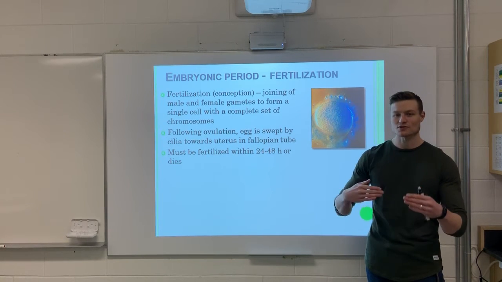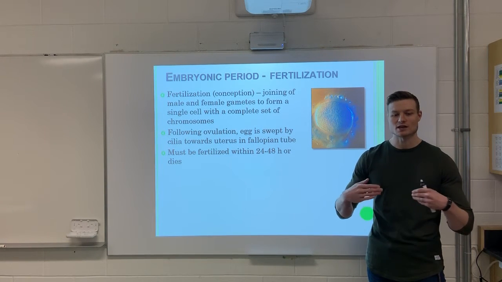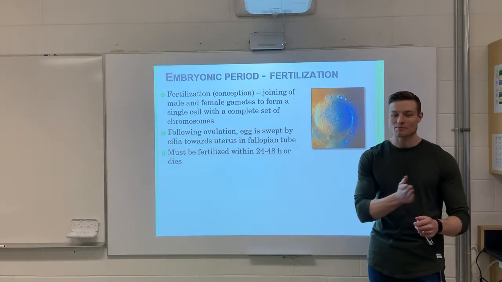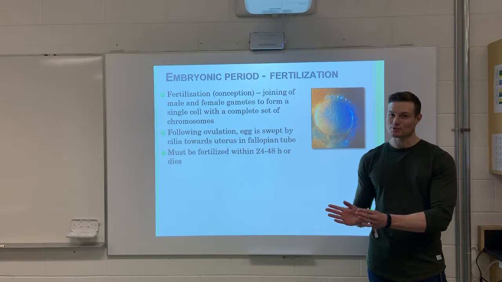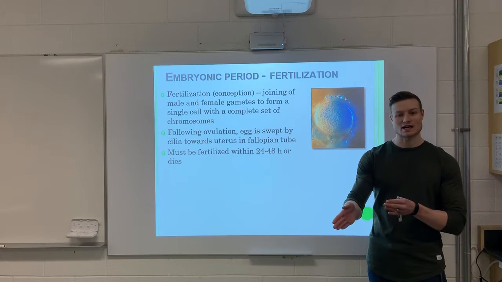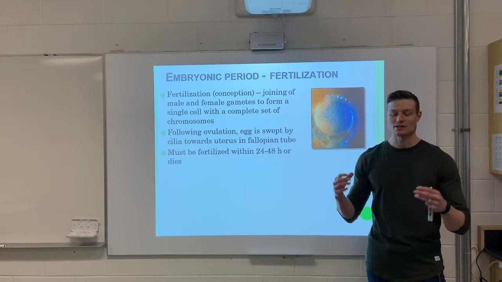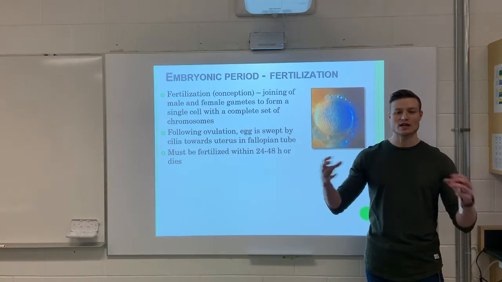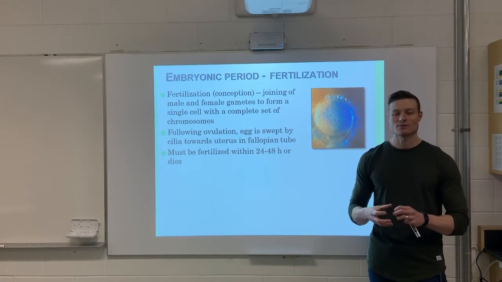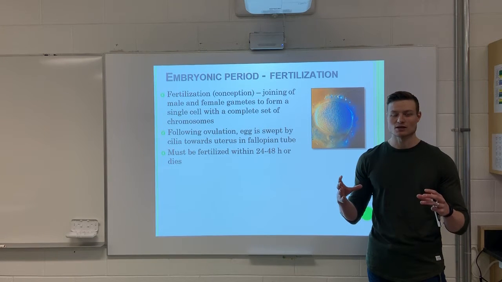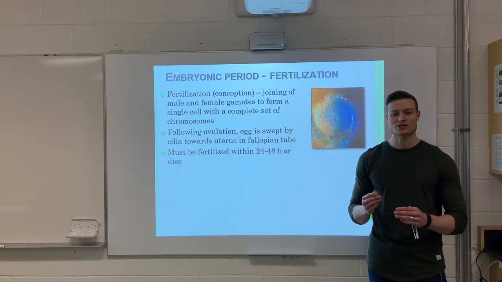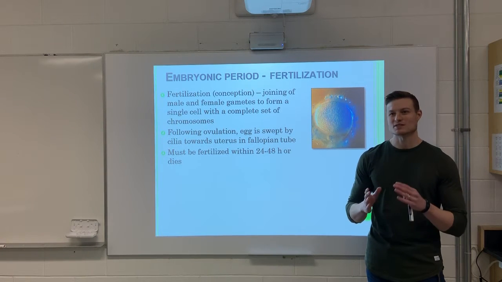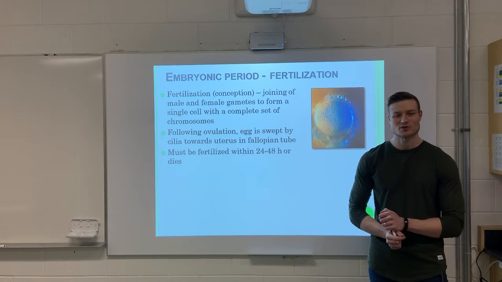The first couple sperm will release their enzymes, break apart, and open up a pathway. Then another sperm will come along and actually make it inside of the egg. Once fertilization occurs, where the nucleus of the sperm and the nucleus of the egg join forces, the egg changes polarity and destroys all the sperm receptors in its membrane, almost putting up a force field against any other sperm coming in.